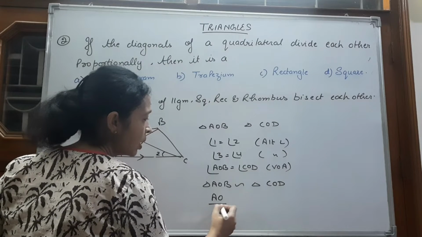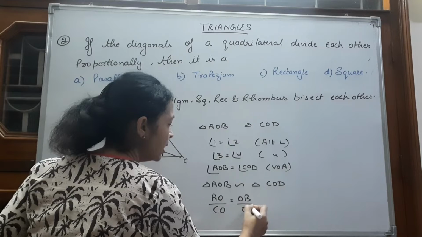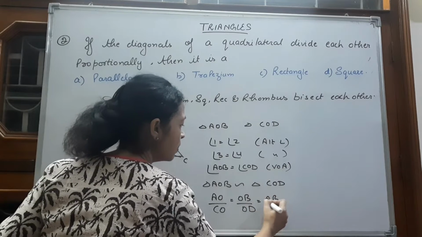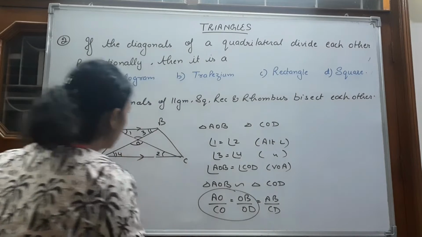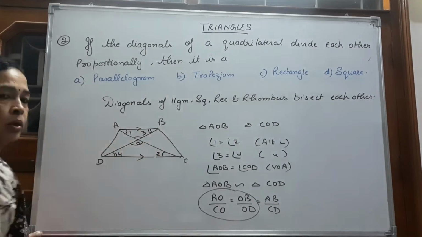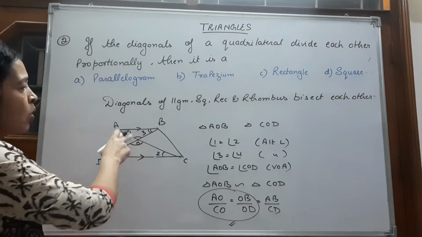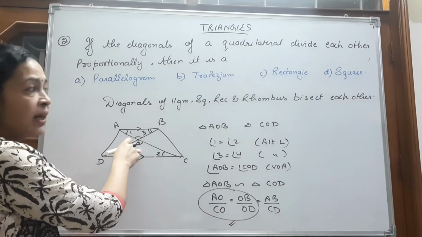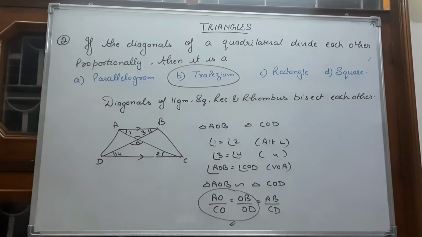So AO upon CO equals OB upon OD equals AB upon CD. Now we see AO upon CO equals OB upon OD, so the diagonals are proportionate. So the quadrilateral must be a trapezium. So option B is our correct option.